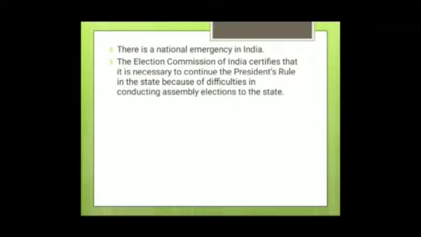The president has the power to declare that the state legislature's powers would be exercised by the Parliament. The state legislative assembly can be suspended or dissolved by the president. And when the Parliament is not in session, the president can promulgate ordinances with respect to state administration.